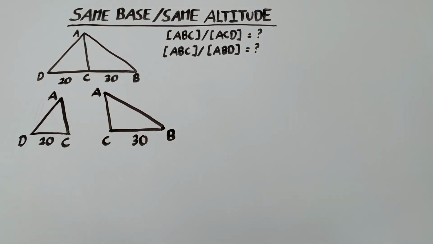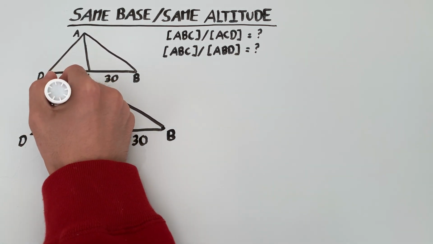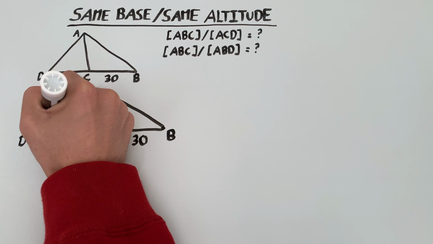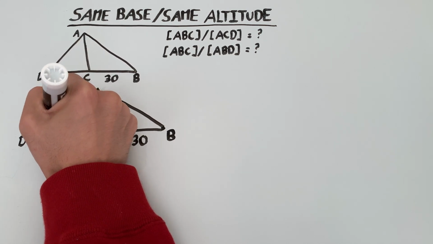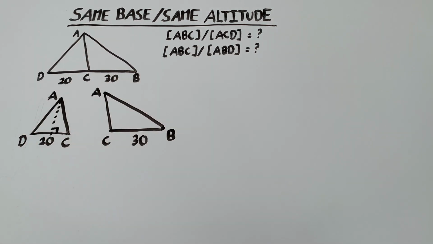Now from here, notice that the altitude from A is the same for both triangles. So in triangle ACD, the altitude from A looks like this.